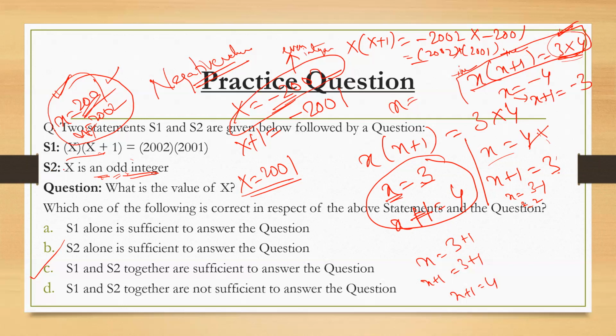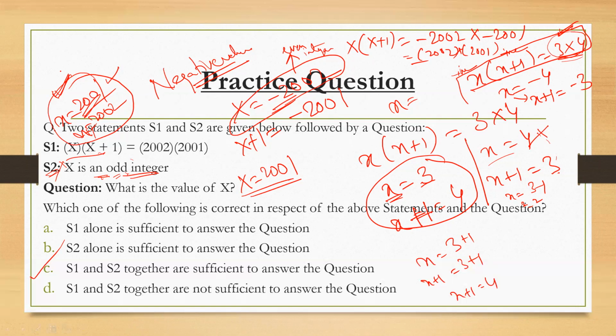Nitish, S2 alone will not be sufficient. We are getting two different values. We are combining both of them together. In one of the scenarios, from S1, we are getting 2001 as the value of x.